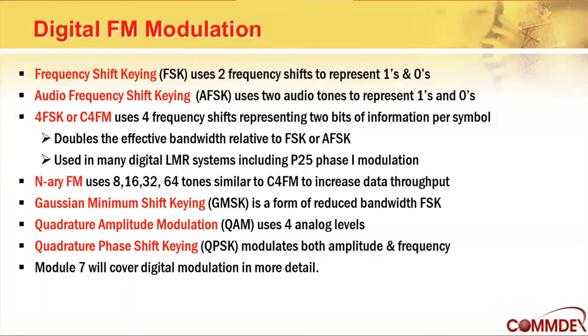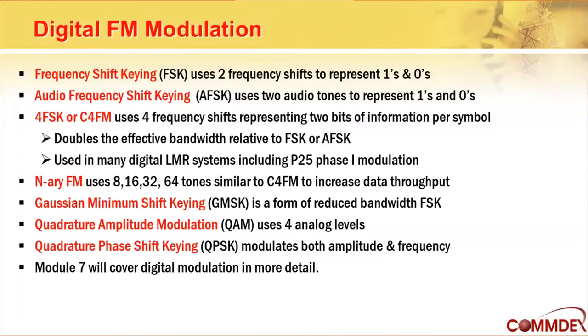There are other types of FM that use 8, 16, 32, or 64 tones. And by using more shift levels and tones, they're able to fit more bits in and increase the throughput. Those get pretty complicated and aren't used much in mobile radio.